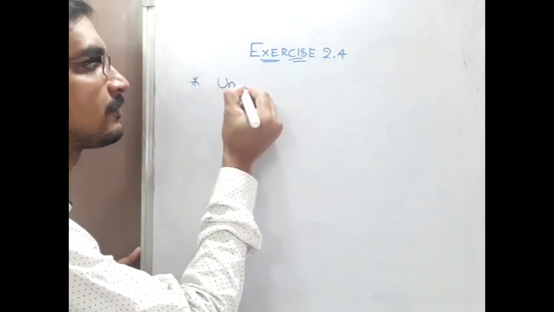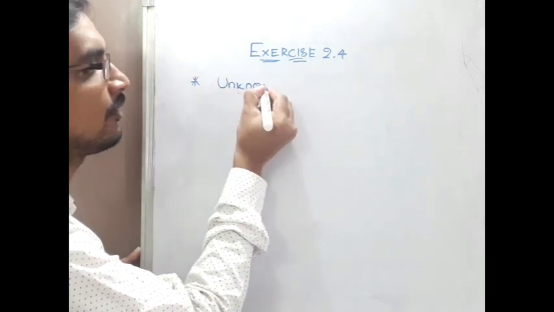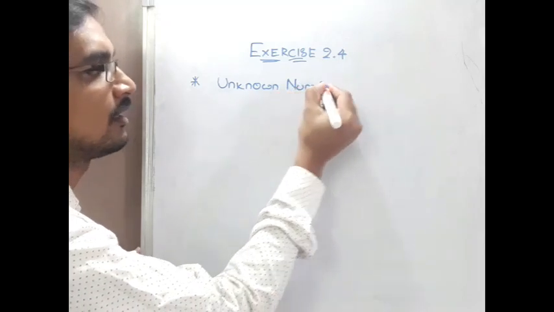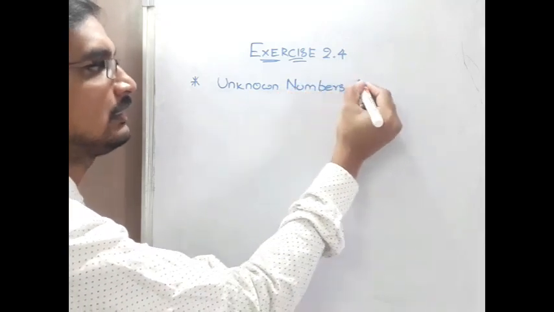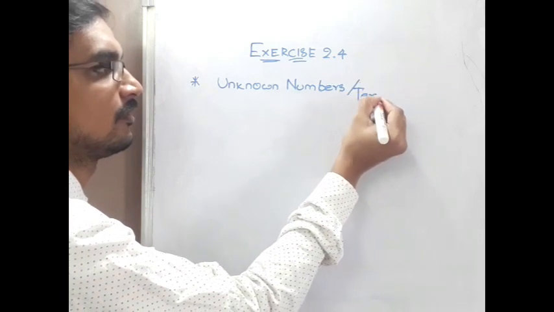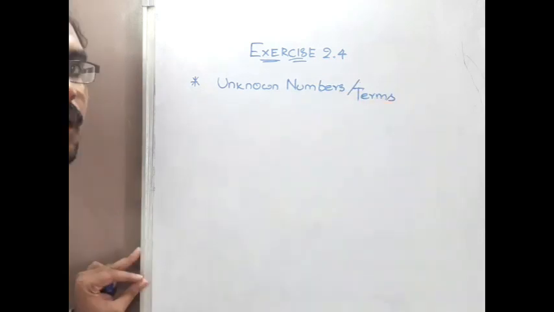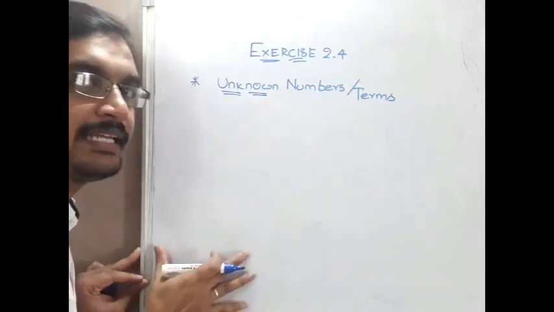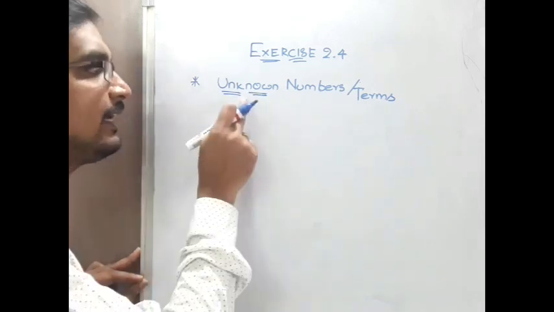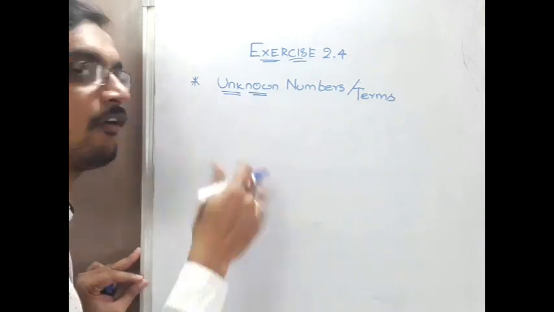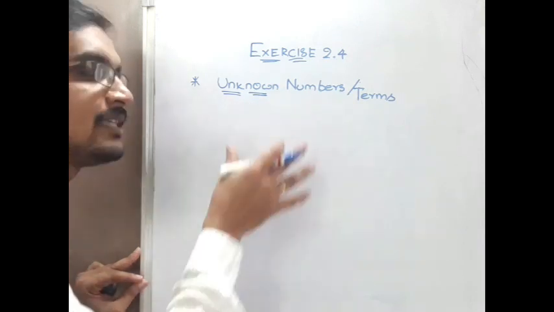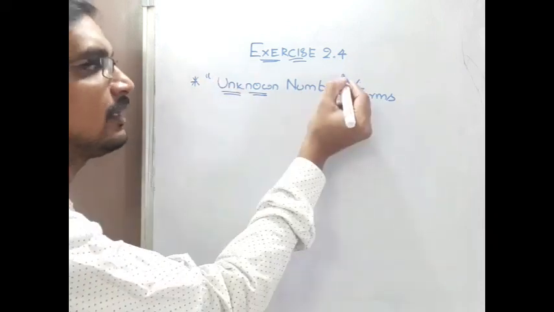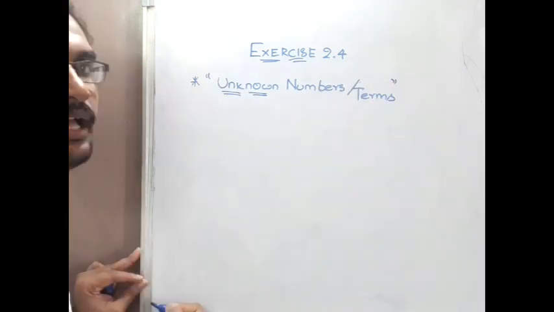The first term, where most people made mistakes in the examinations, is unknown numbers or terms. Whenever you are reading any question, if you find anything like think of a number, there exists a number, this kind of terms clearly indicates that we don't know that number or term.